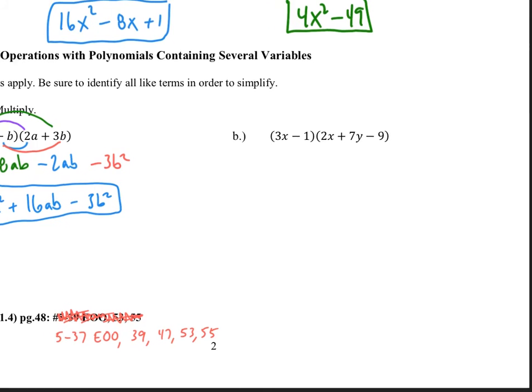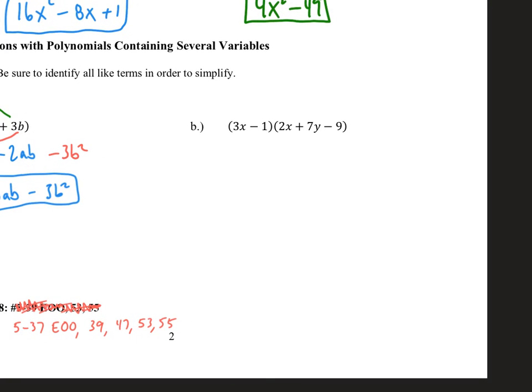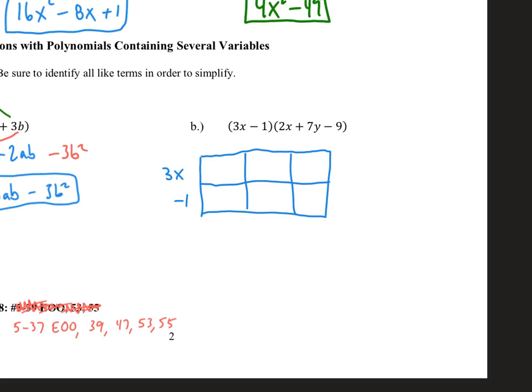And then last problem, so I'm going to throw this into a table or grid. So I'm going to do a 2x3 grid. And then on the side I'm going to have 3x and then minus 1, and on the top I'm going to have 2x plus 7y minus 9.